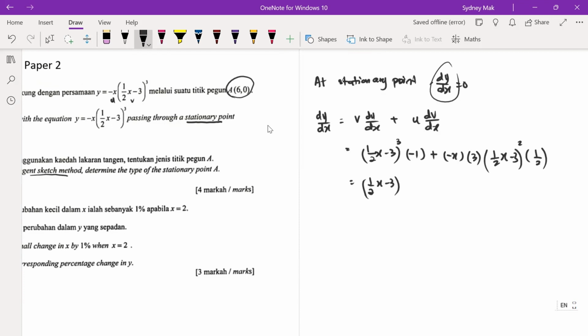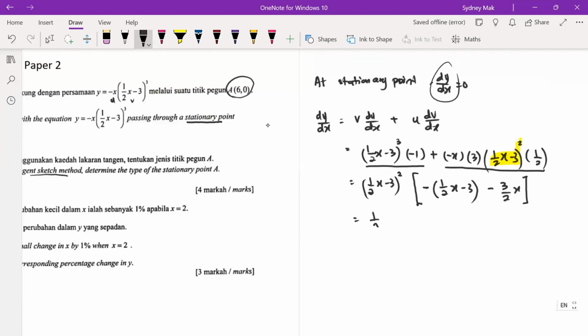Between this term and this term, the highest common factor is (1/2 x minus 3) squared. Let's take that out, and inside we are left with another (1/2 x minus 3). As for the second term, I have taken out this whole thing, so what is left is just negative 3/2 x.